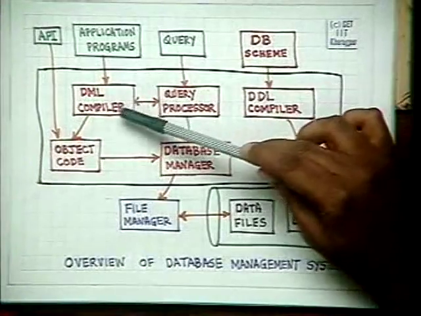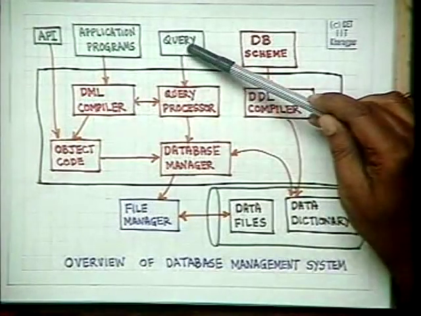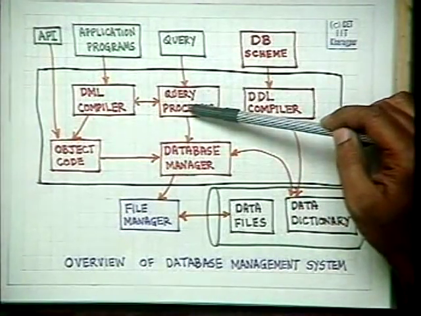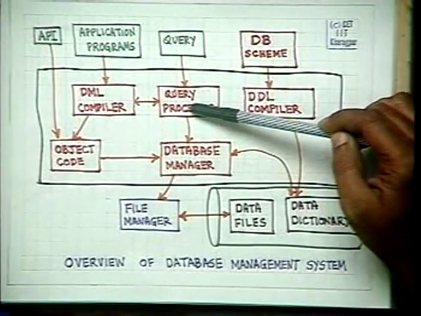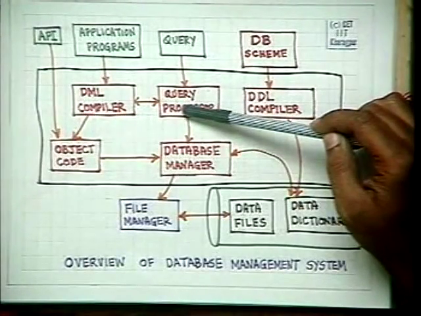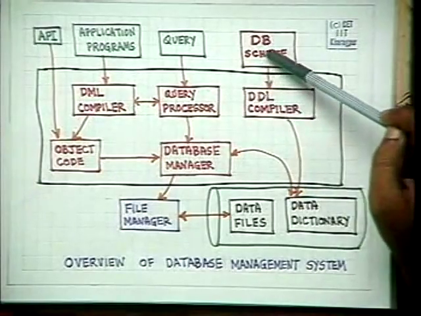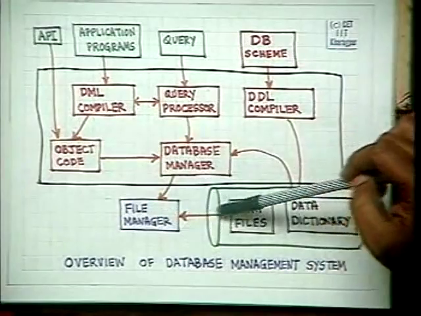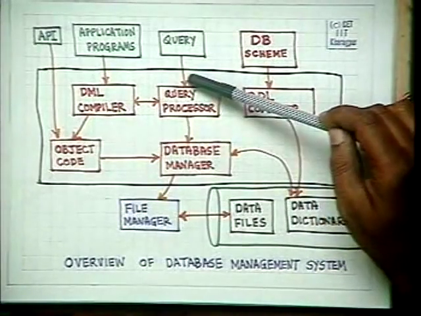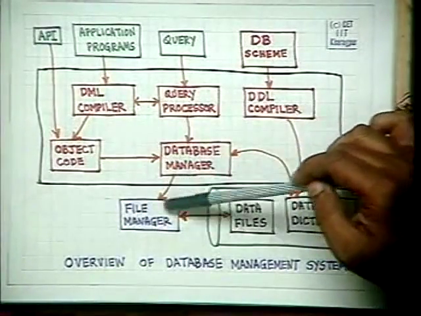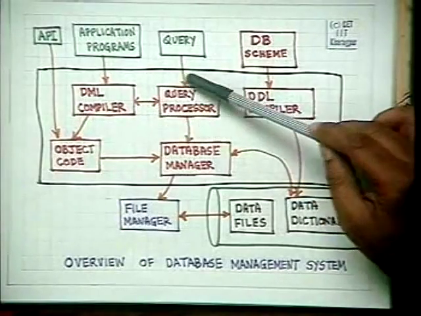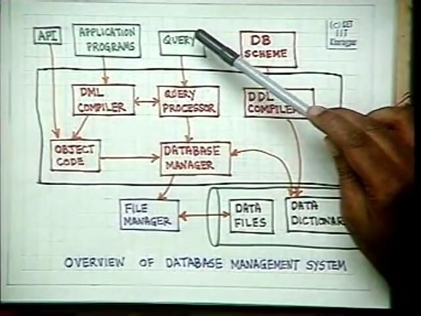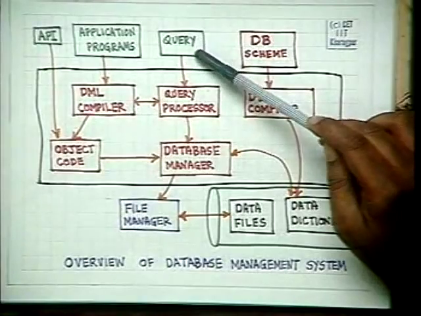And here it is not compiled always. What happens is, the query processor can directly generate the commands required based on the structure of the database schema and ask the database manager, who will retrieve the information from the file manager. So this is a very interesting and important aspect of a database system, the concept of a query and the concept of query processing.